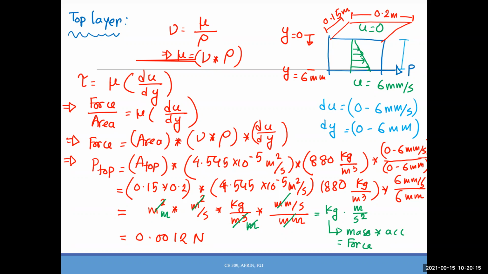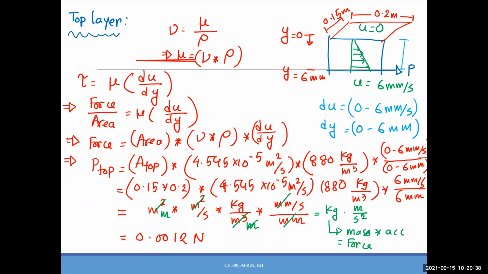That's the thickness of the lower fluid part, right? Because everything else is the same here. The area is the same, the velocity is the same. The only change is the thickness of the fluid, right? So we just do that. Everything is on the board.